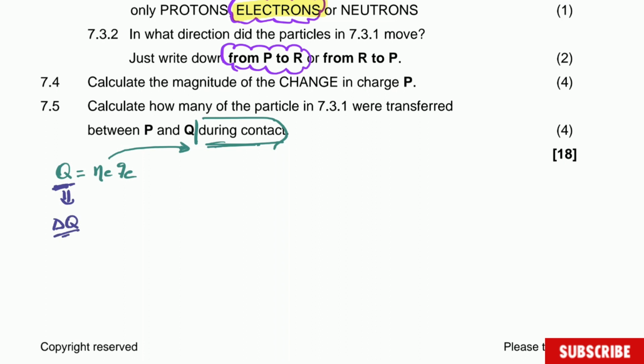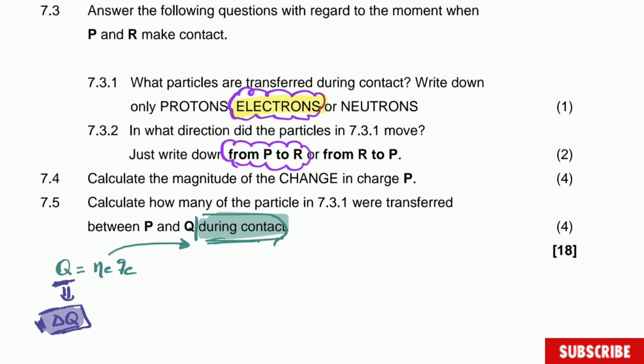Now I want you to know that if the number of electrons you are looking for is the number of electrons that were transferred during the contact process, then the charge you are going to be calculating is the change in charge. So this one here is quite important. I hope you understand.